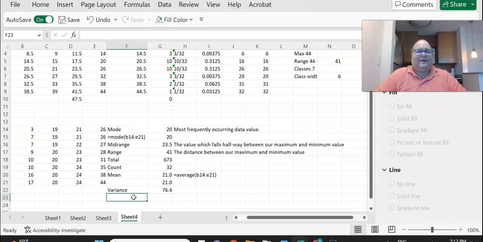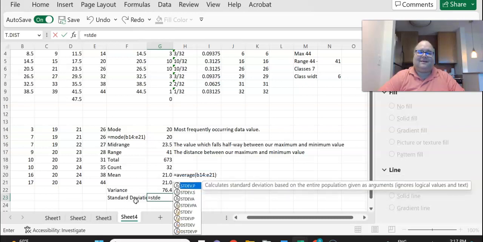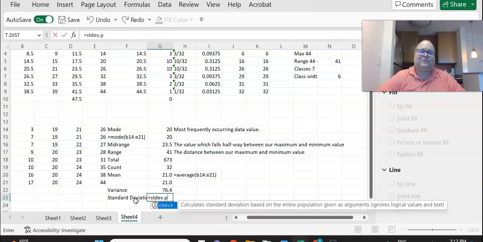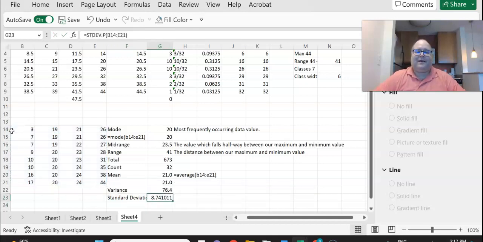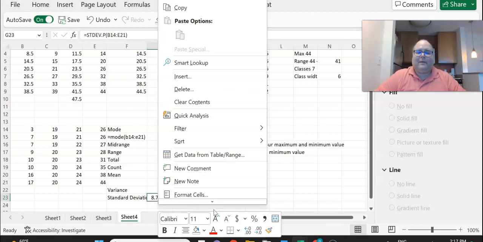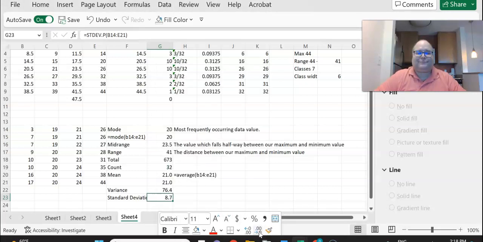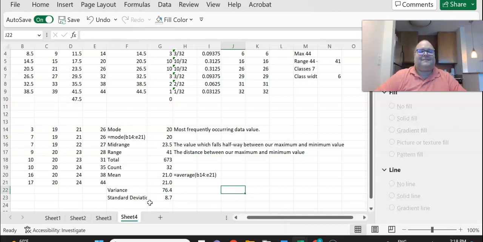differences. To find a more useful number that would not be in points squared per game, but rather points per game, or just points, we can find our standard deviation, which is equal to STDEV.P, since we have all of our scores, we're going to use .P, and we choose all of our values, and we get 8.7 as our standard deviation.